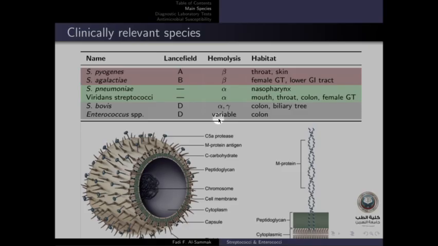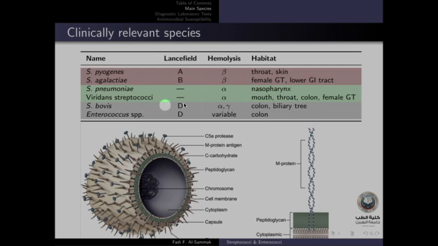So hemolysis here is not reliable to do the classification. Therefore, Lancefield here will be very useful. And under Enterococcus species, we have two species: Enterococcus faecalis and Enterococcus faecium.